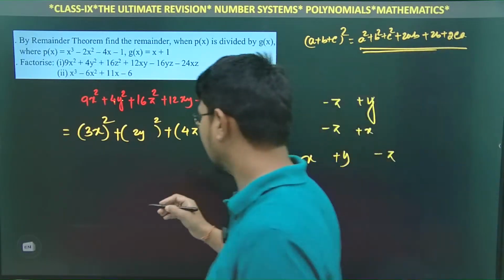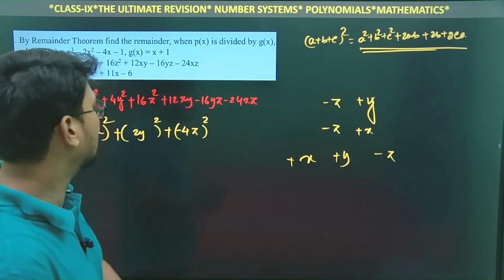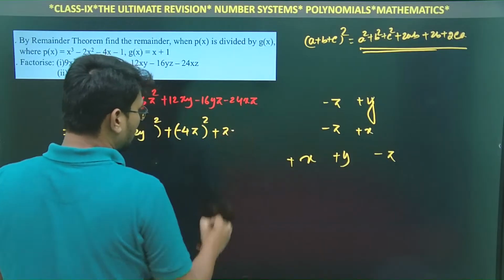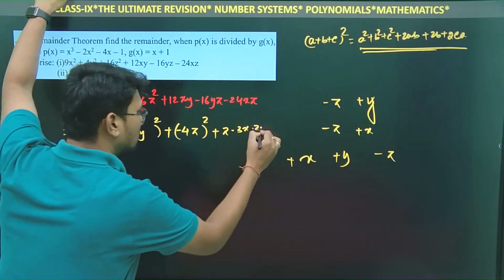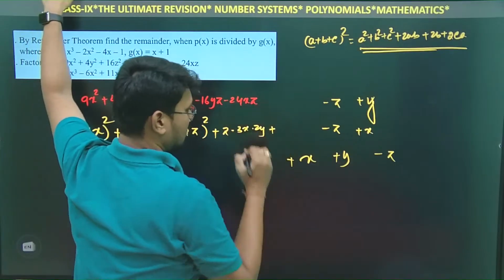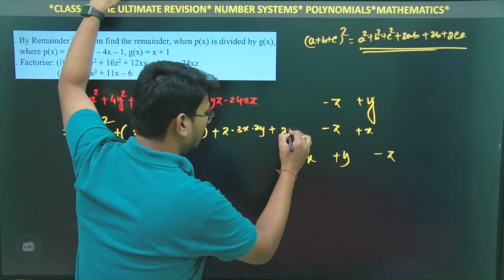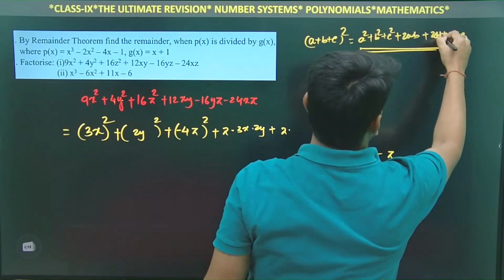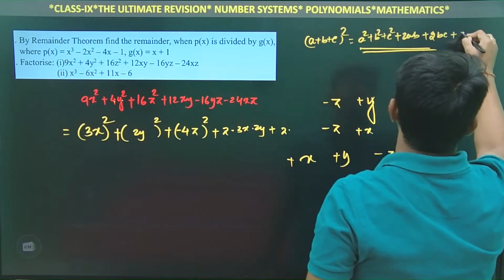Okay, everyone, let us write. So x positive, y positive, z is negative, means I am writing minus 4z. Then after it will become, check karo, plus 2 into ab. a kya hai? 3x into 2y, 3x into 2y. Plus, I am following which one? The identity. Plus 2 into bc plus 2 into ca.